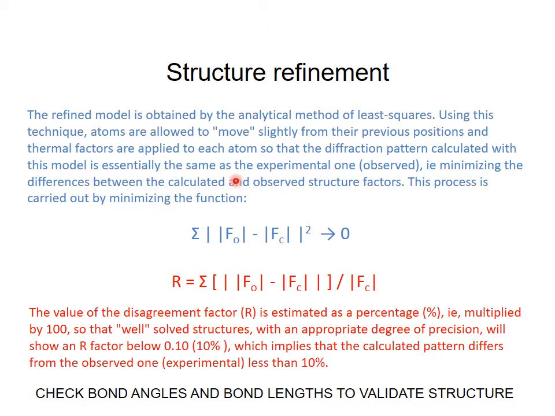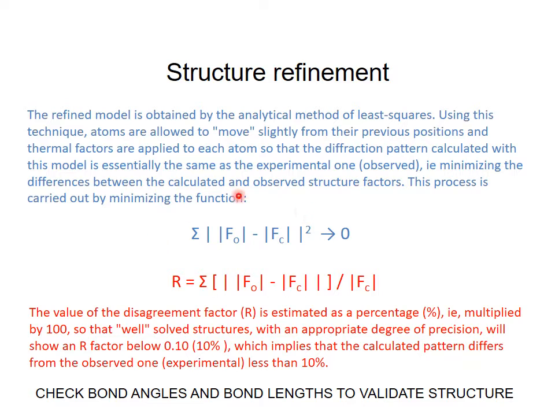If the difference becomes smaller, then calculation and observation are in closer agreement, and you have moved the atom in the right direction. If it becomes larger, then you have moved the atom in the wrong direction. So by trial and error, you refine the crystal structure using that method of least squares.